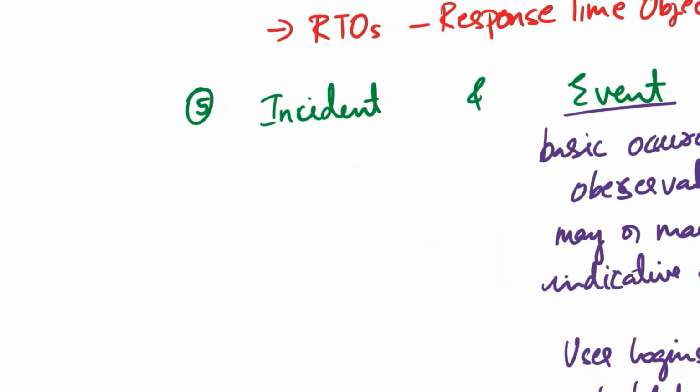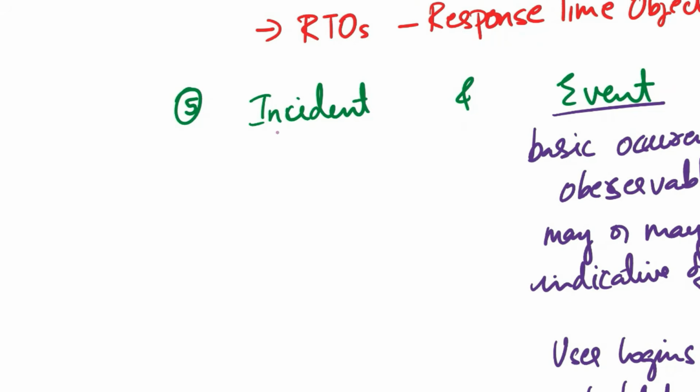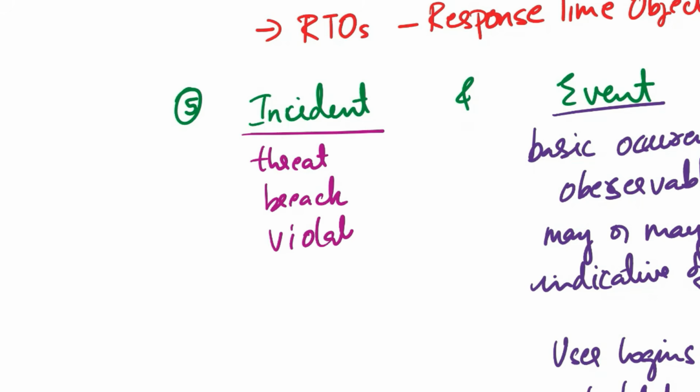Okay. An incident, on the other hand, is a specific event, or series of related events, that represents a security threat, breach, or violation of security policies. Incidents are events that have been analyzed and determined to require further investigation or response due to their potential impact on the organization's security.